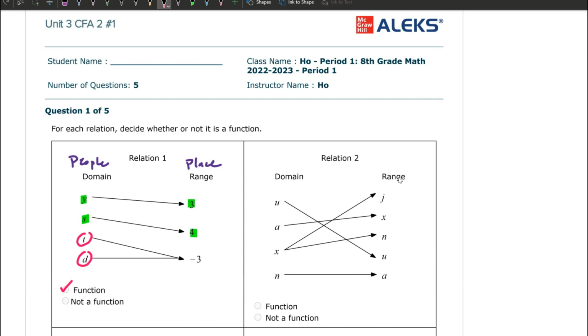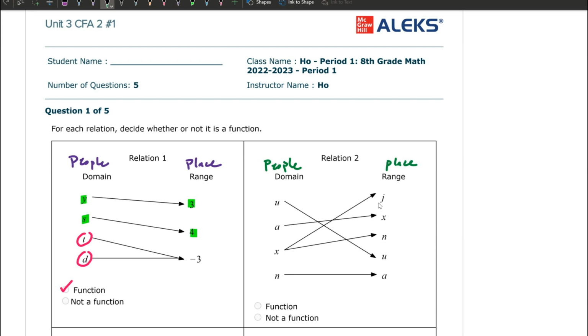It's possible. Relation 2. Domain, one more time, that stands for people. And range stands for places. Okay, so U going to U is good. A going to X, yes.